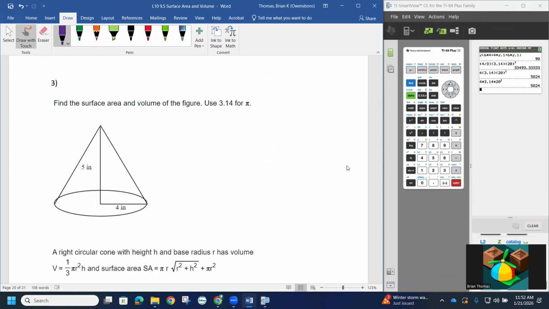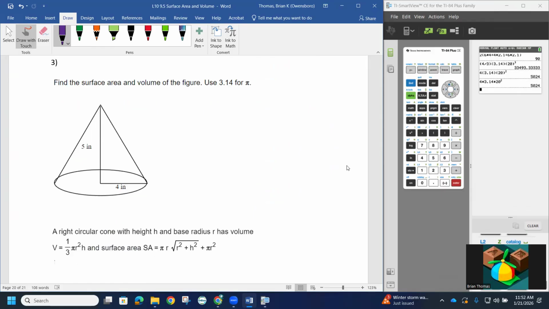So question 3, we get into the surface area and volume of a cone. So notice how, again, we have these formulas. Volume is 1/3 pi r squared h, and the surface area is going to be pi r times the square root of r squared plus h squared plus pi r squared.